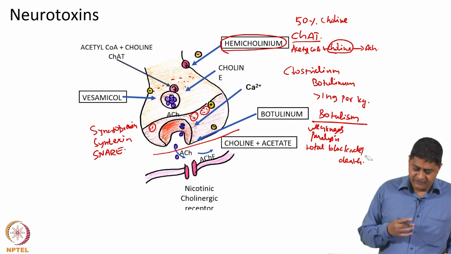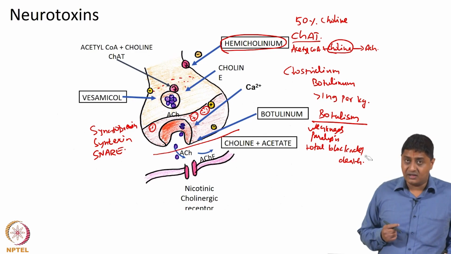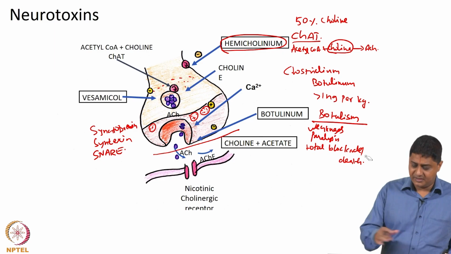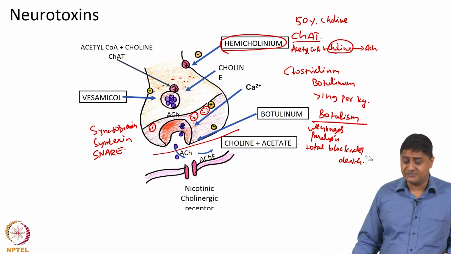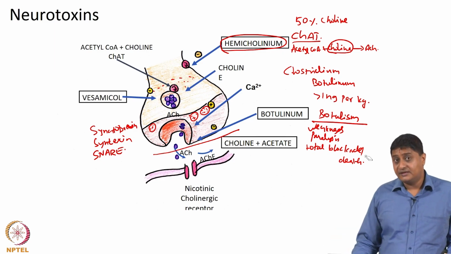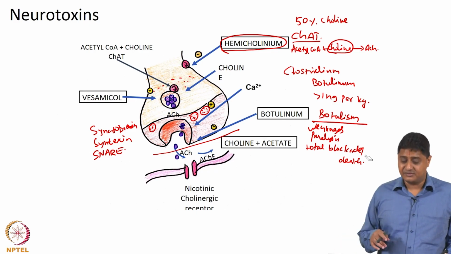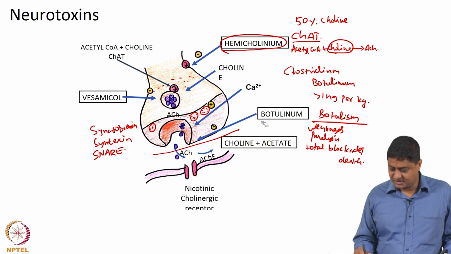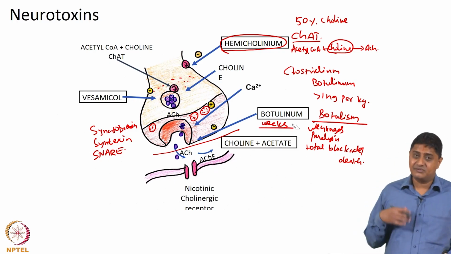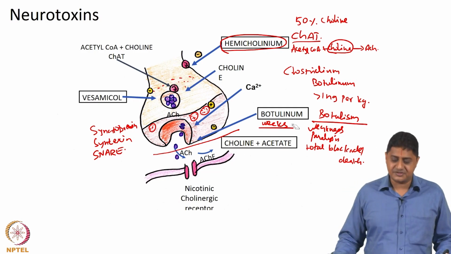Fortunately, this is a very crucial step in the rehabilitation of these patients. Unfortunately, this is only temporary. After a few weeks, the rigidity will return, and then they will have to take one more dose of Botox, right.